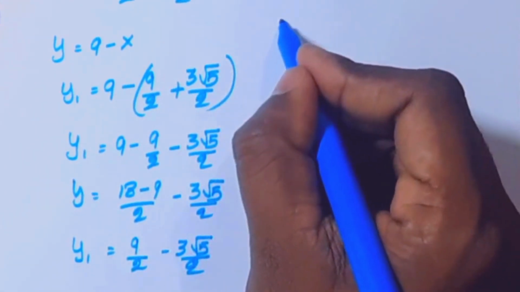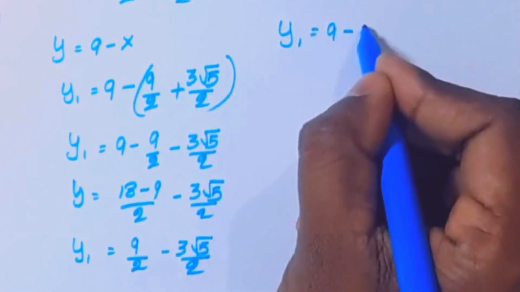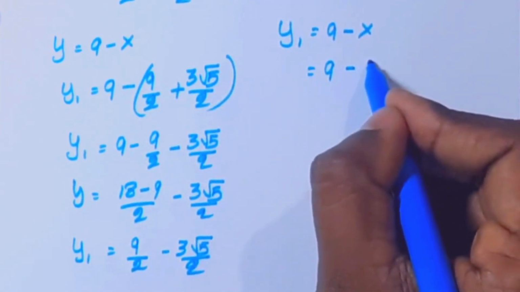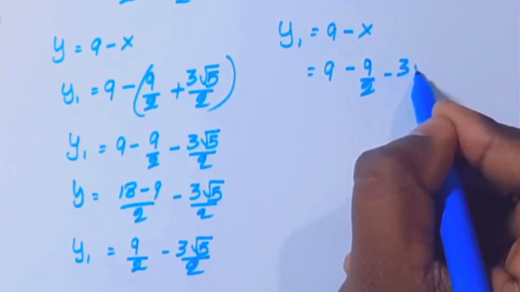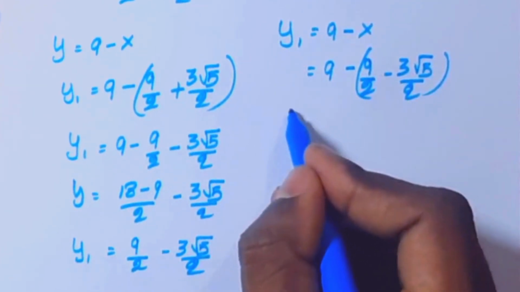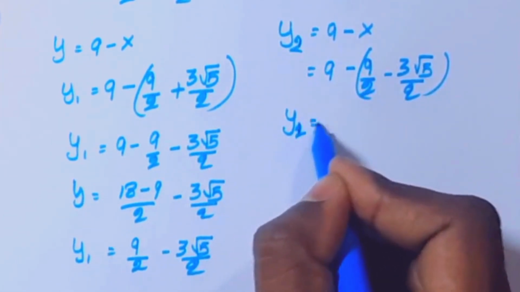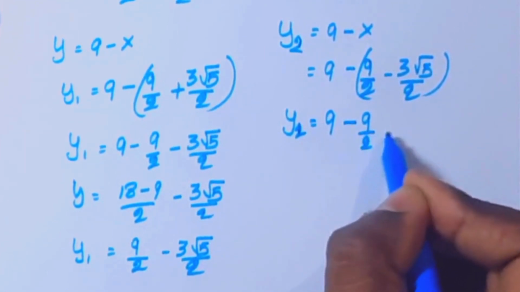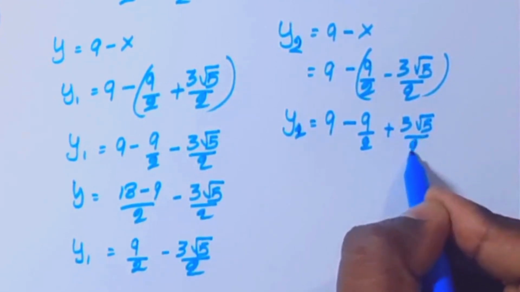This side y equal to 9 minus x. Now 9 minus x2, 9 by 2 minus 3 square root of 5 by 2. Now y2 equal to 9 minus 9 by 2 plus 3 square root of 5 by 2.